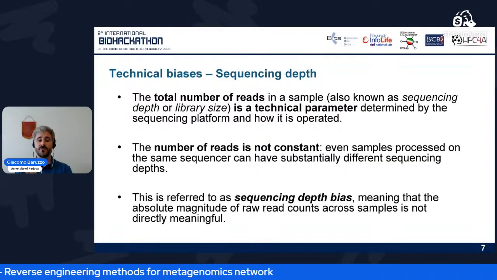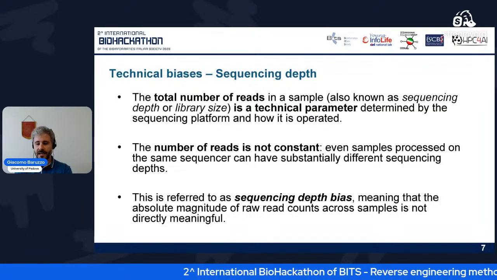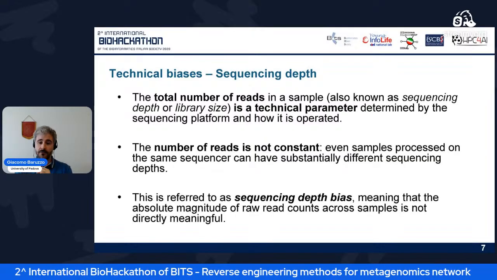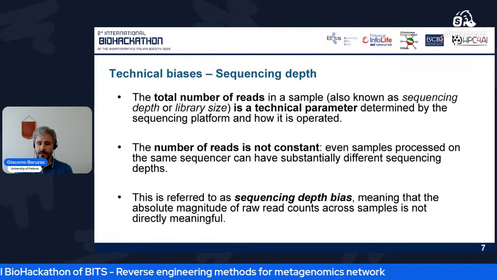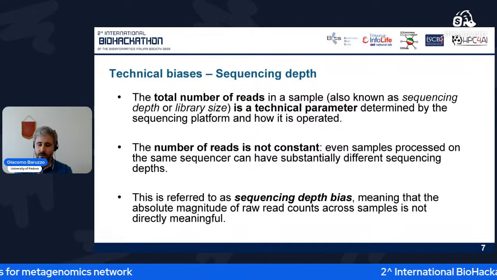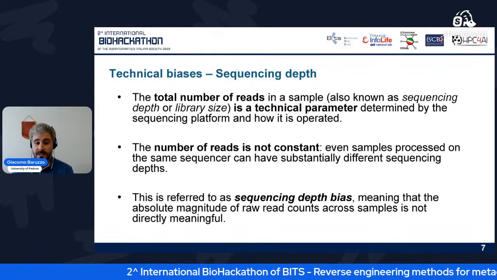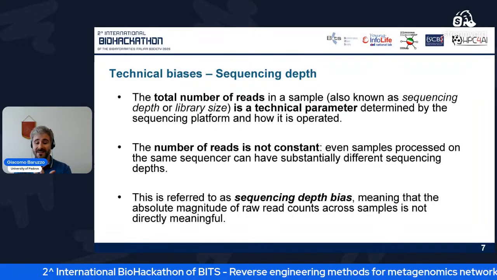It's just due to the sequencing process. This bias, the fact that even the number of reads is not comparable across samples, is what we define as the sequencing depth bias. And this is telling you that if you don't consider this variability, the measures that you observe in the count matrix are not a very good approximation of the bacterial abundances, because the magnitude of the numbers that you observe is basically meaningless. It's just a matter of how you set up the sequencer.